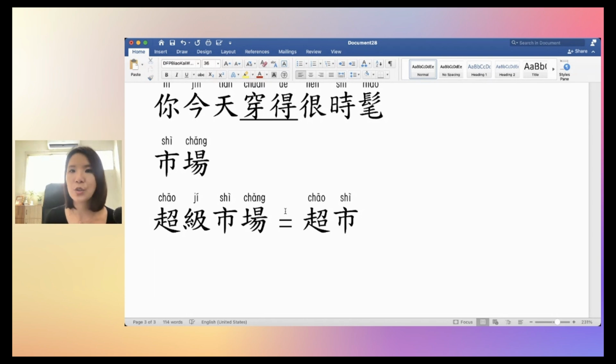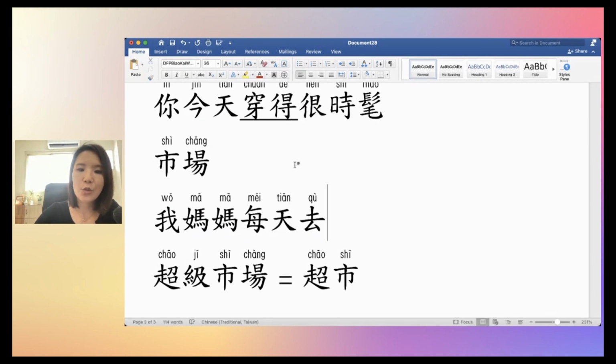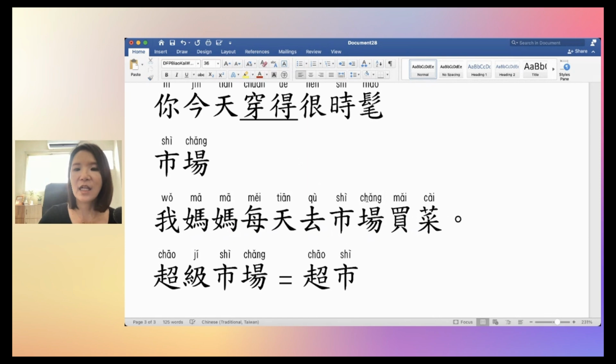You can say, my mom goes to the market to buy food and vegetables every day. In Mandarin, you would say, 我妈妈每天去市场买菜。Okay, here you can learn another word which is 买菜。Literally it means to buy vegetables. But in Chinese, this saying doesn't mean just to buy vegetables.